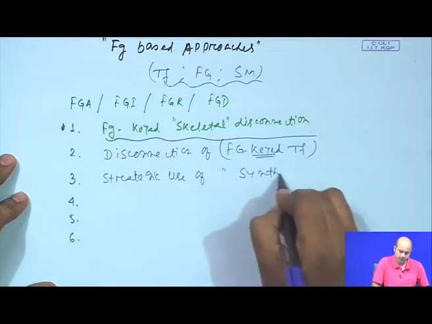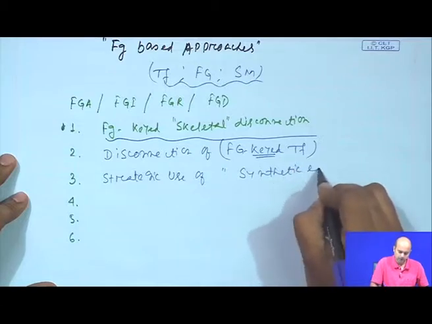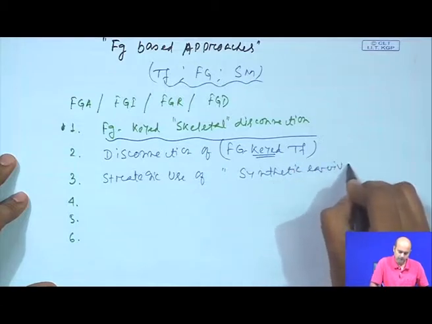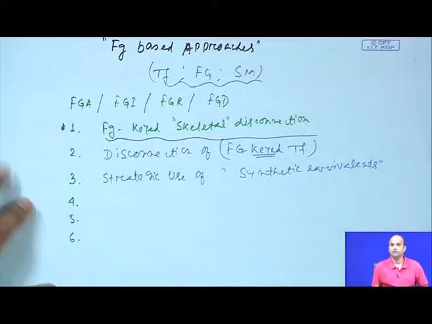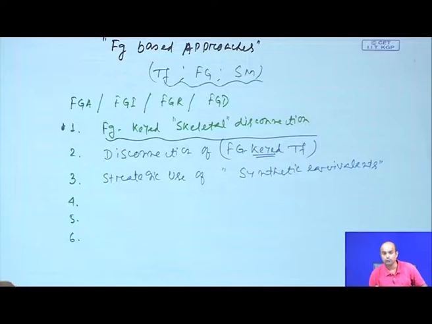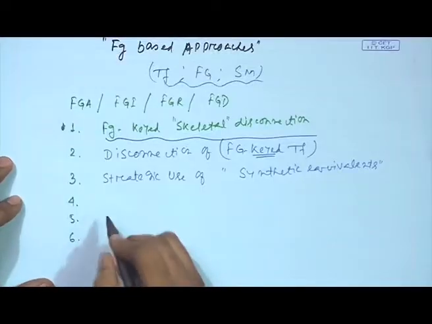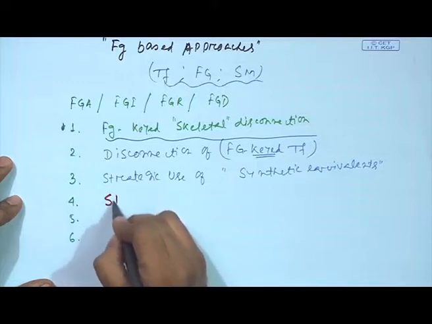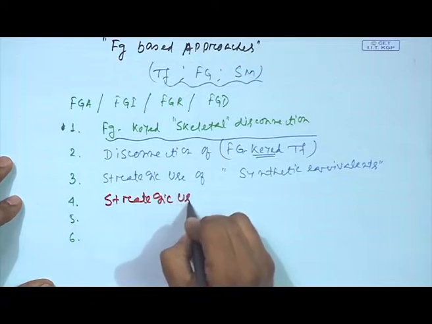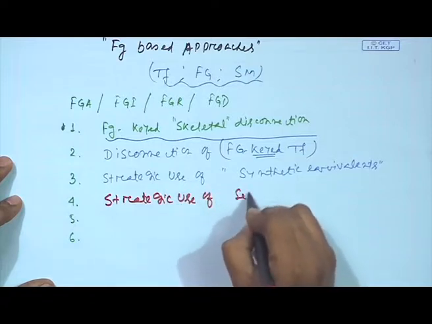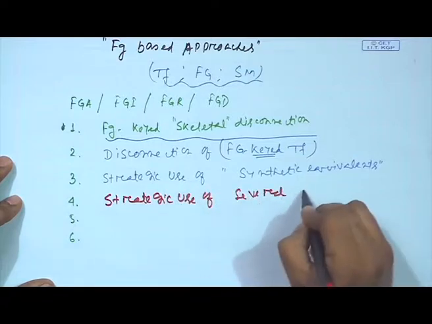We will spend much more time on that a little later, but formyl anion and acetyl anion are synthetic equivalents we have already discussed. Number 4 is very important: the strategic use of several protecting groups.